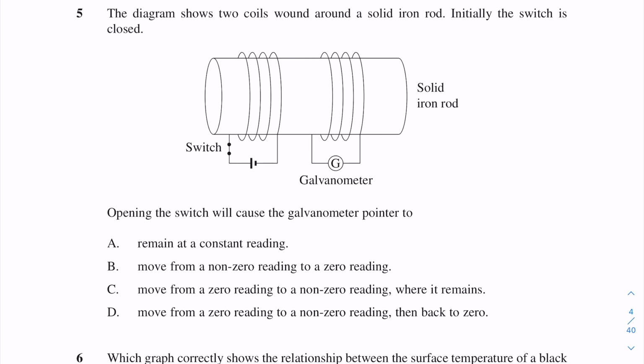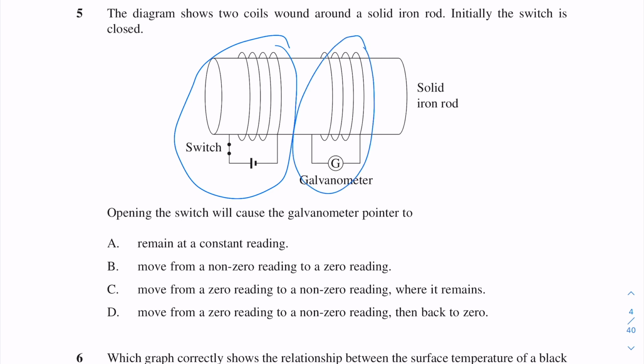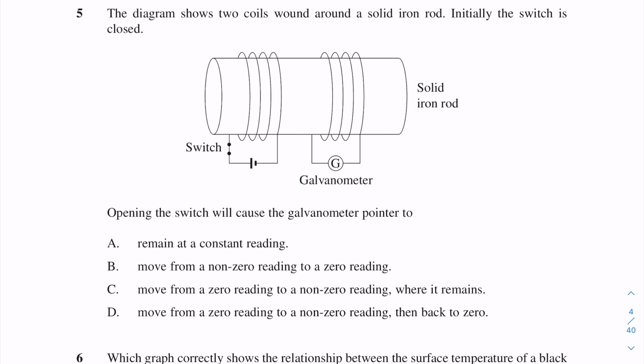So, when the switch is closed here, the galvanometer should be reading nothing because there's no change in magnetic field in this circuit. Therefore, an induced current cannot be created because we need a changing magnetic field, a changing flux.